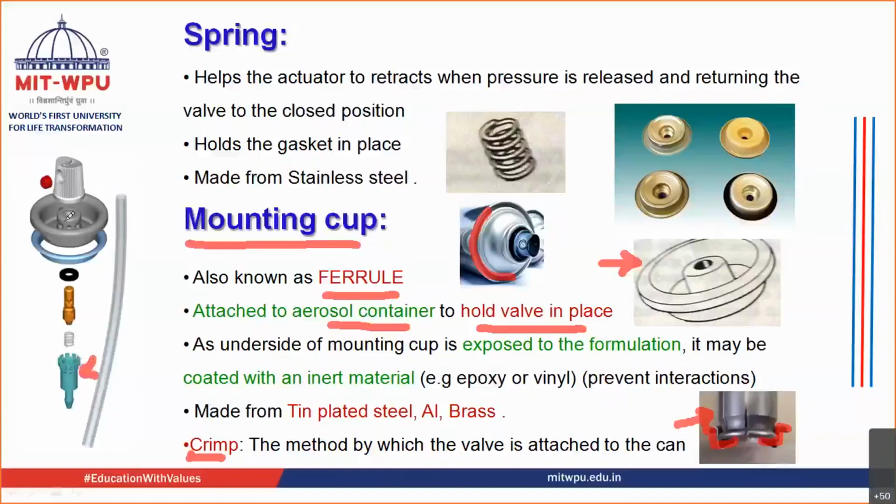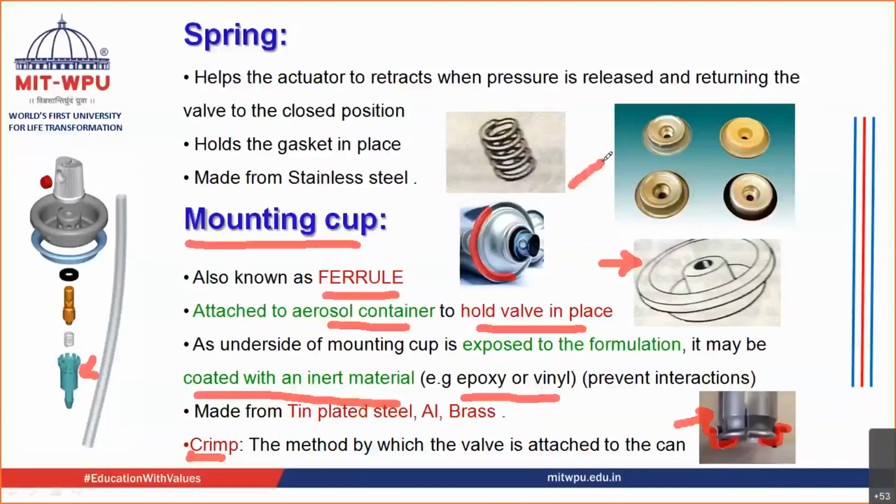Whereas, if you see, this mounting cup is basically in contact with your product. And as the mounting cup is in contact with your product, many a time it is coated with an inert material. For example, you can give a coating of epoxy or vinyl, as you give the coating for your metal. It is also made up of metal. These housings are basically made up of metal.